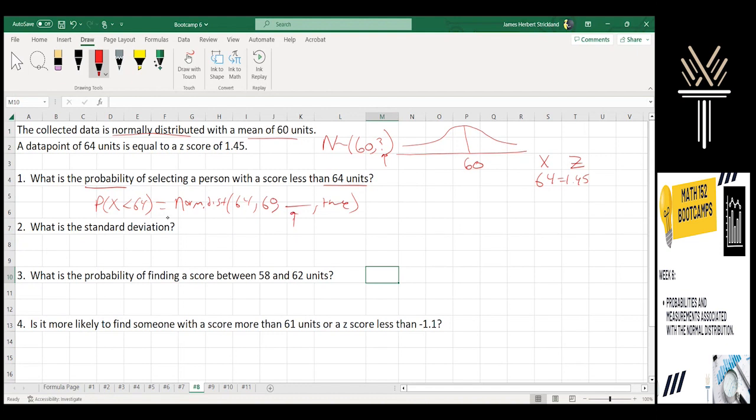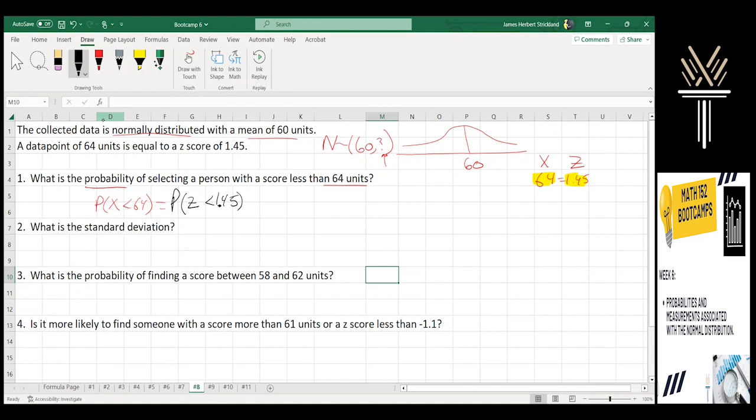But we don't have that number. Fortunately, we know that 64 is the same thing as 1.45 in the z world. That means, as I showed you by the table, this probability is the same as finding z less than 1.45.